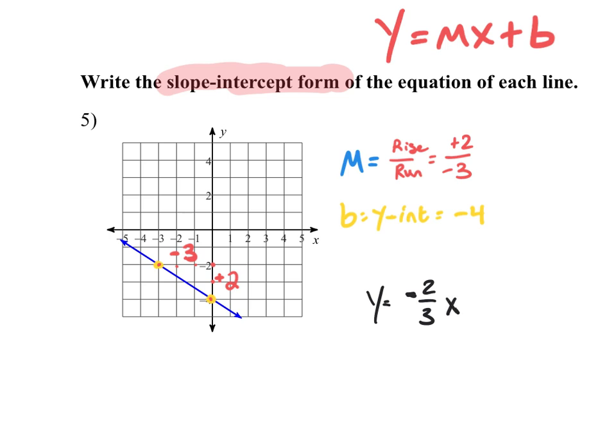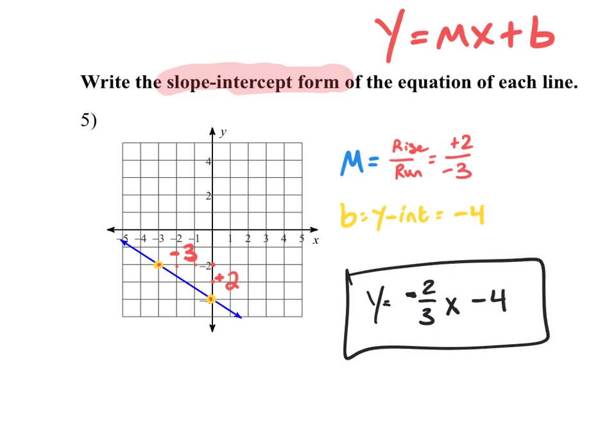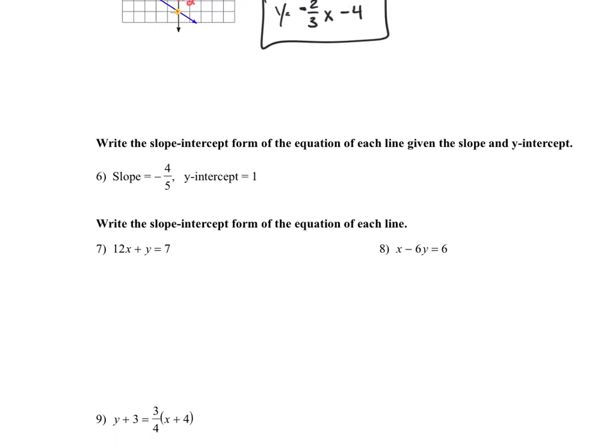I've got an x with that, and then a minus 4 because that is my b value. And that gives me my equation in slope-intercept form. Questions? Everybody get that down? All right, let's go down here.